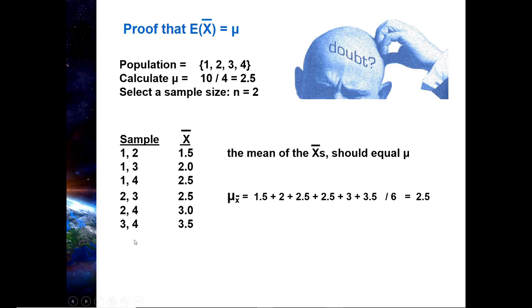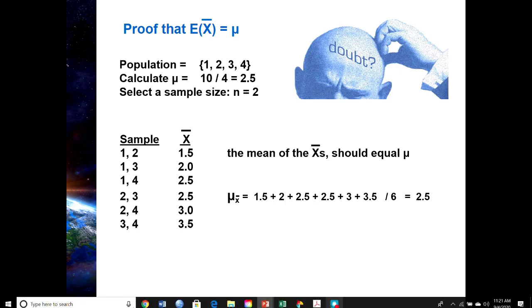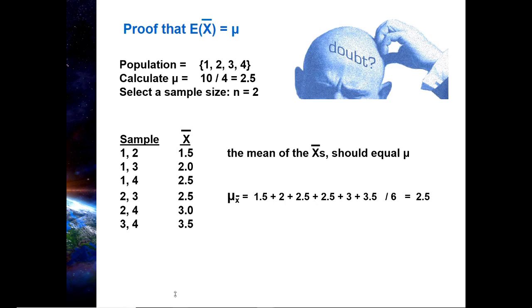Now, have I exhaustively sampled? Well, you can try this on your own at home. Try and find another unique sample, and I guarantee you, you won't be able to do it. These are all the unique combinations possible when you take 2 at a time from this population.